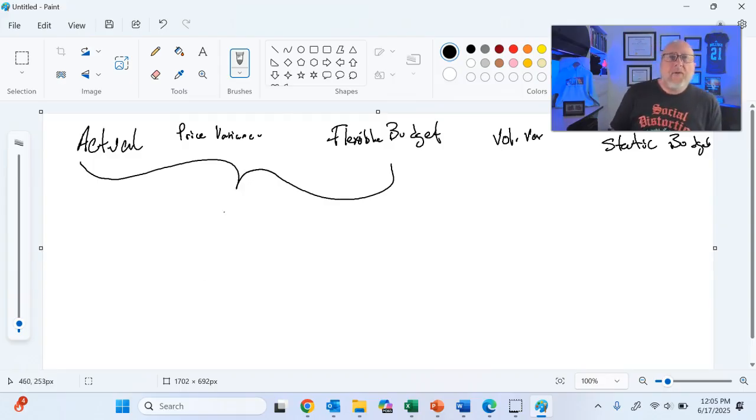And what we are now saying is that the price variance is a function of two different things. It is either the price or cost of our input or the efficiency with how we used that.